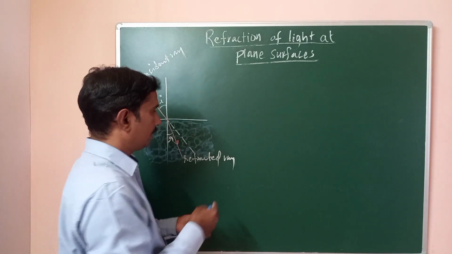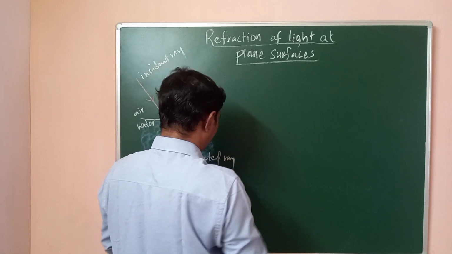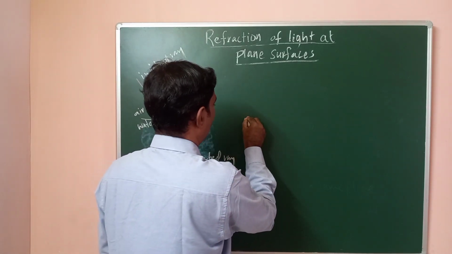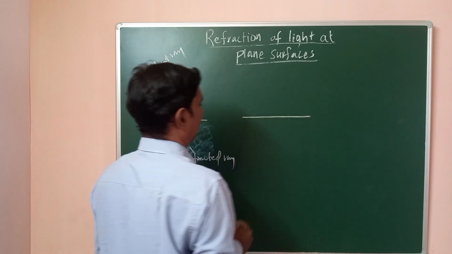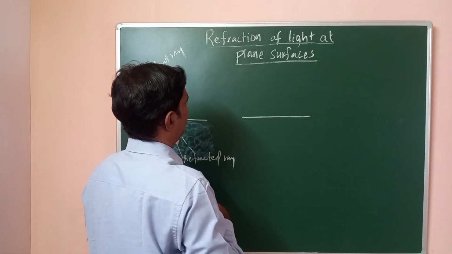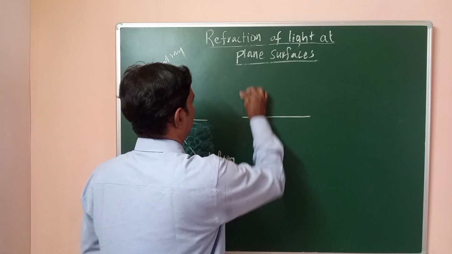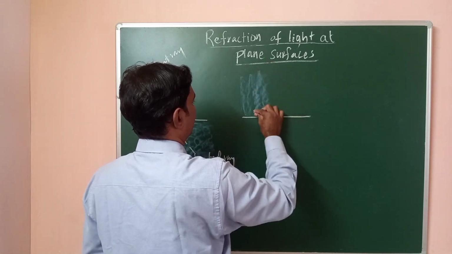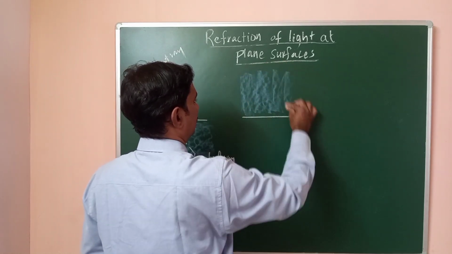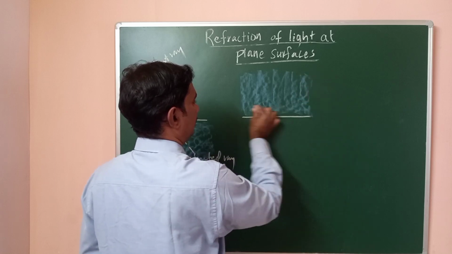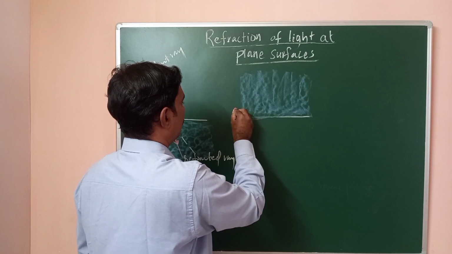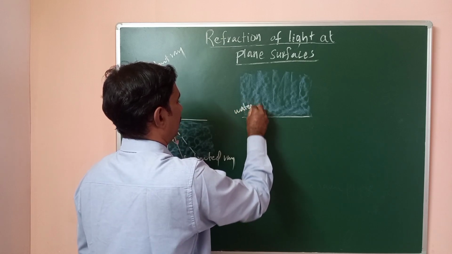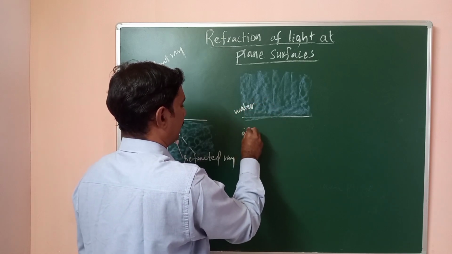Again, if this is the surface separating two mediums and the upper portion is water, this is water, the denser medium. This is air, the rarer medium.